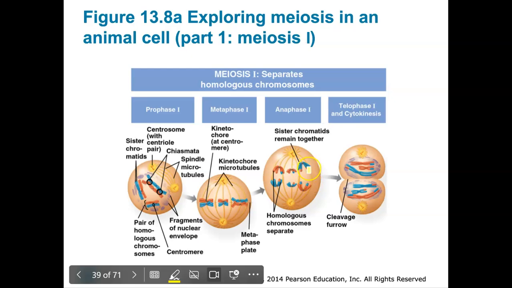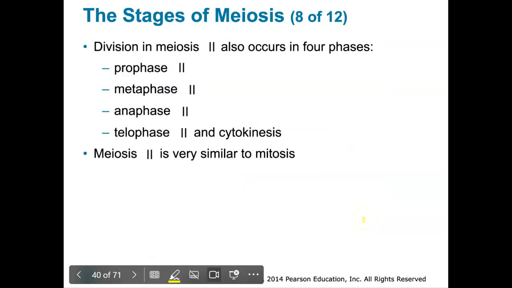Little ends of the blue chromosome are red. That's what happens with crossing over: you get pieces of the other homologous chromosome in its pair, its twin. So still, metaphase is when the homologous pairs line up at the middle of the cell. In anaphase, the homologous pairs separate, and then telophase would be the same.